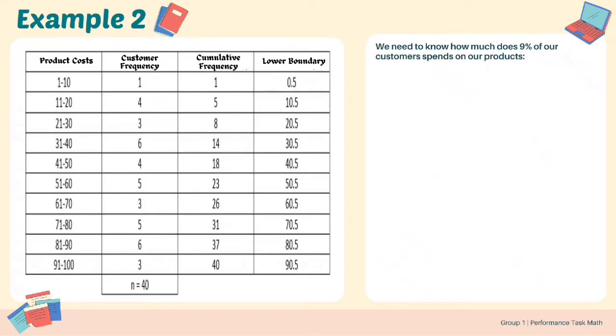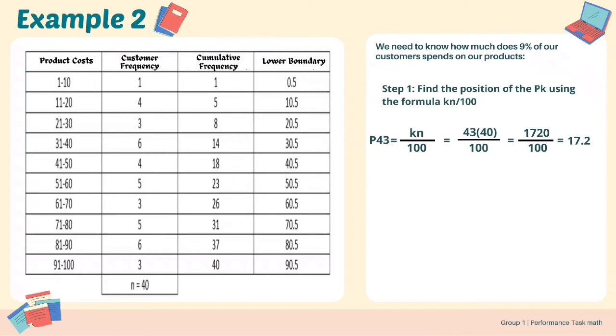Next, the second example. We need to find the P43. Following our first step, we need to find the position of the P sub k using the formula kn over 100. P sub 43 is equal to kn over 100, which is substituted to 43 multiplied by 40 divided by 100.